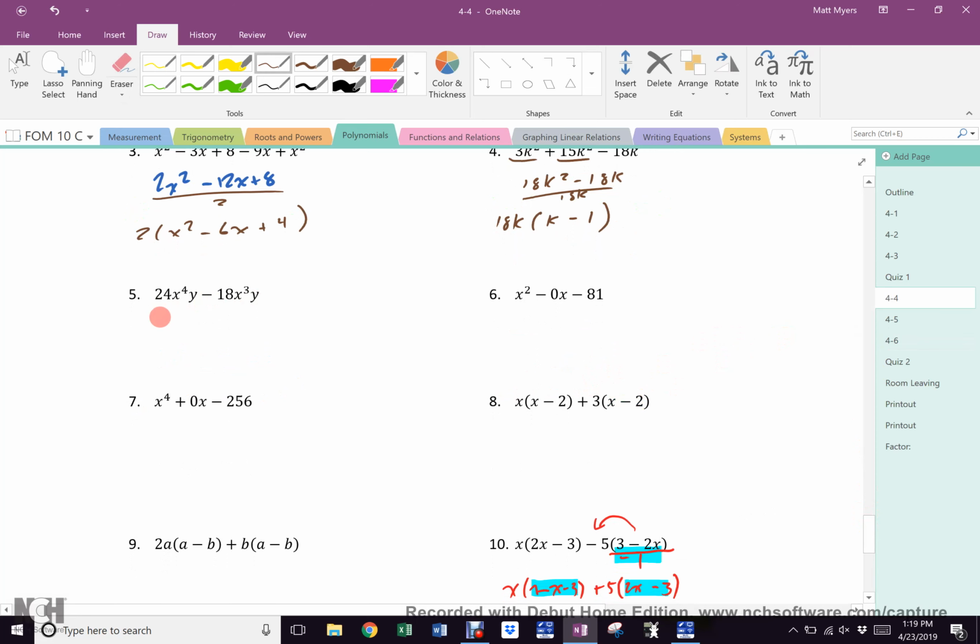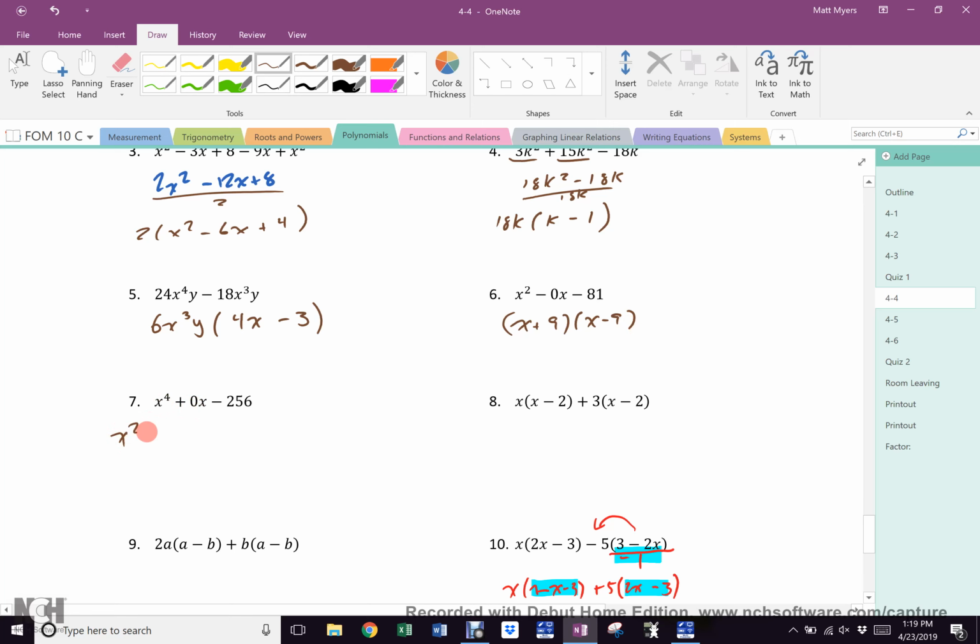This one is 6x cubed y, and that is 4x minus 3. Done. This one is x plus 9, x minus 9. Thanks, Brab. What's this one? Oh, okay.